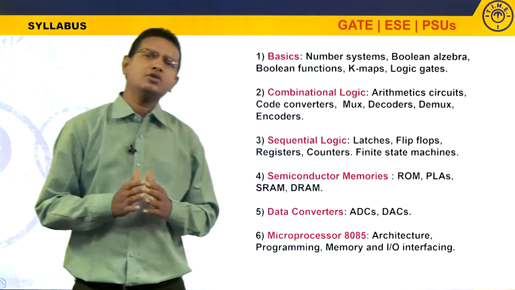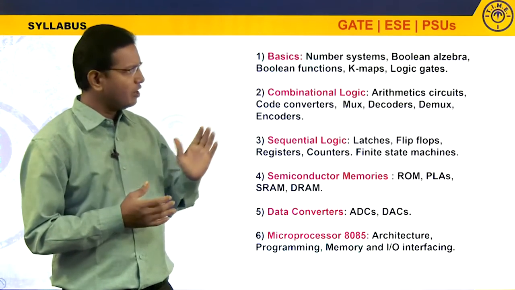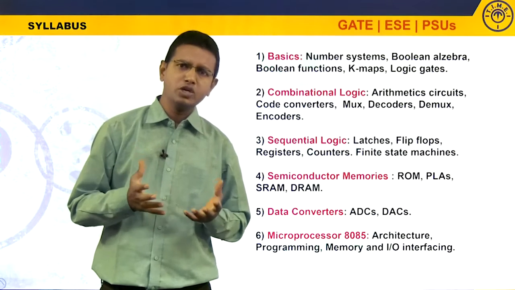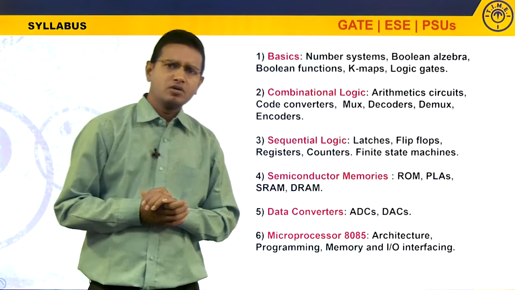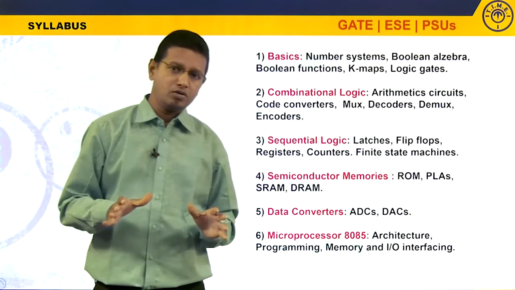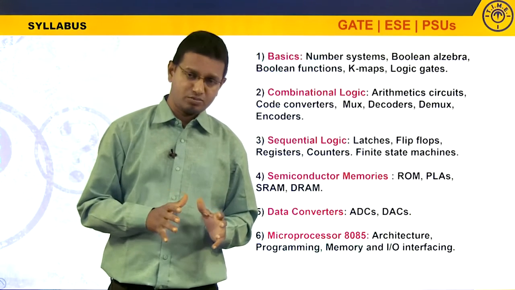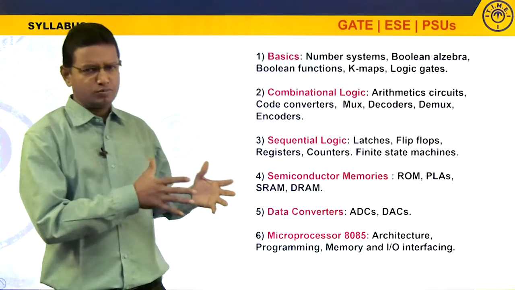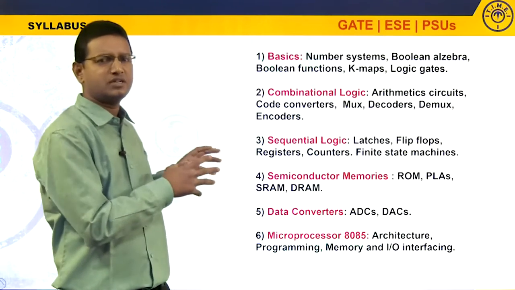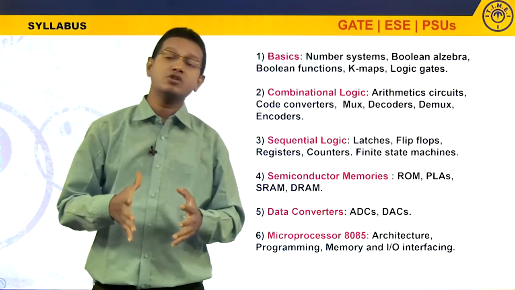Now, after knowing the number systems, you have to know Boolean algebra. It is a special algebra, not a normal algebra, that you will be learning in the subject. Of course, Boolean algebra has come from mathematics, but it is particularly used for designing digital circuits.